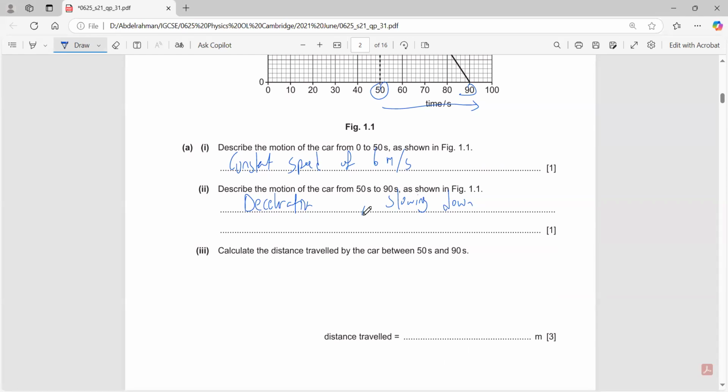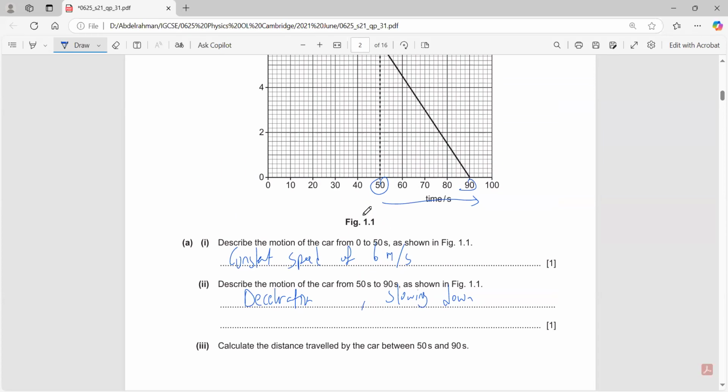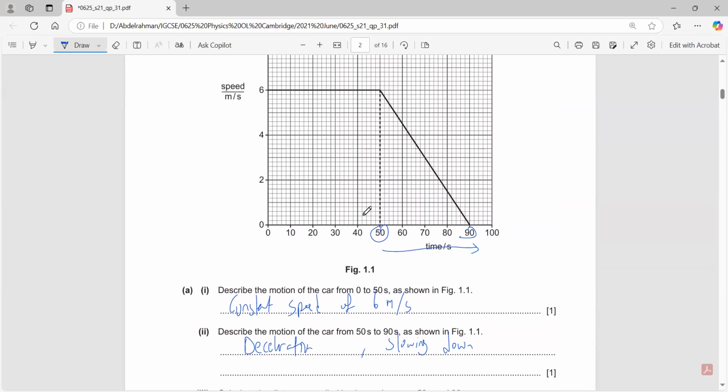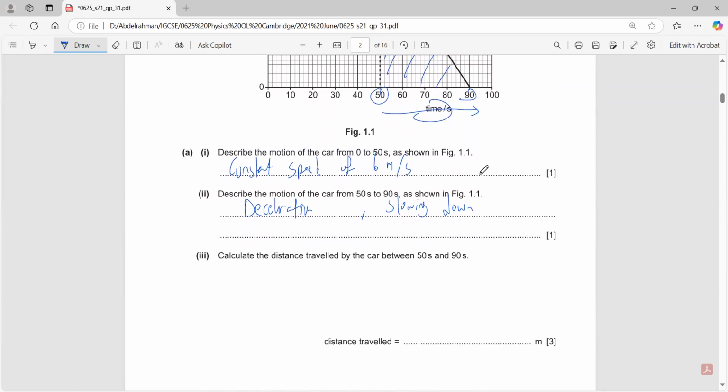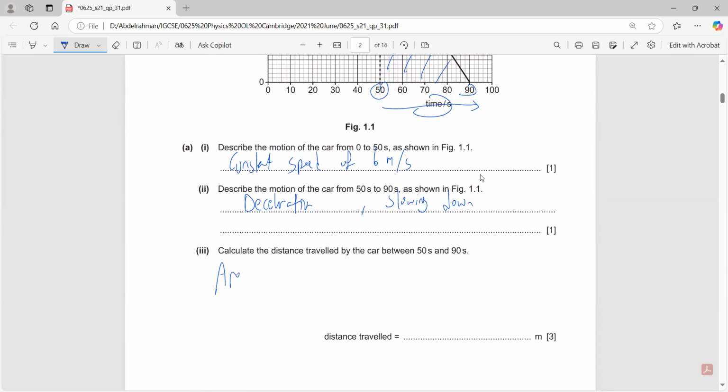Calculate the distance traveled between 50 and 90. Can I find the distance traveled? Definitely. Should I say distance equals speed times time? Definitely not. That's wrong. If you have a speed time graph, to find the distance traveled you should say the area under the graph, and you need to write it explicitly this way.